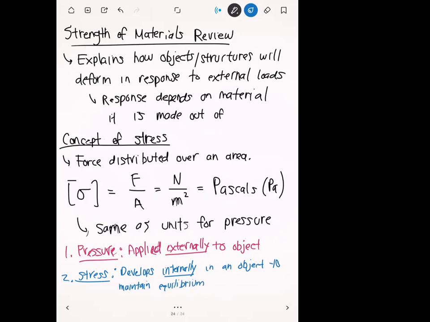Stress develops naturally within the material, and it's a function of the material properties that we talked about before, like the Young's modulus and the Poisson's ratio.